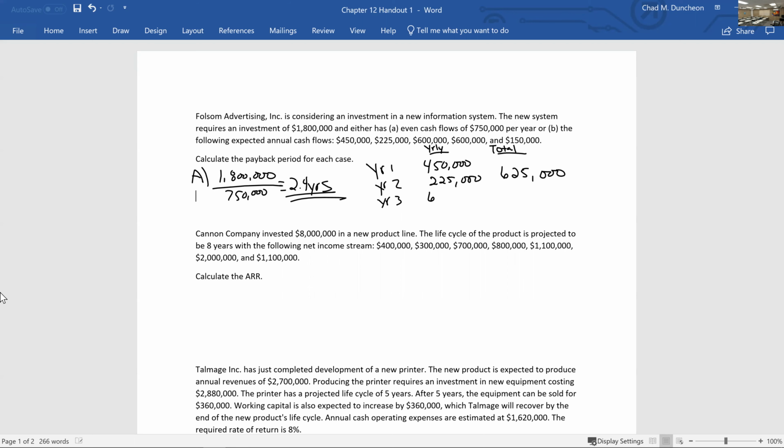So in year three, we got 600,000. Now our total recovery is 1.225 million. We still have not hit that whole 1.8 million yet. In year four, we get another 600,000.